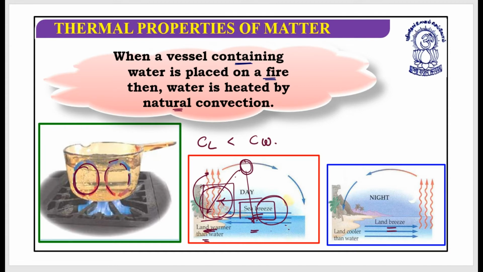In the night time, the situation will be exactly reverse. As the specific heat capacity of land is much smaller as compared to the specific heat capacity of water, as land can become hotter easily, it can become colder easily as well.